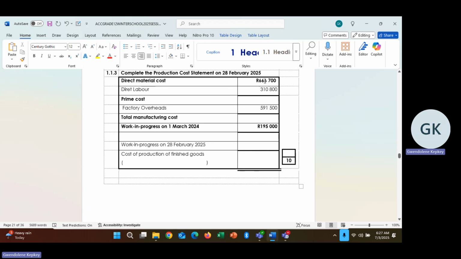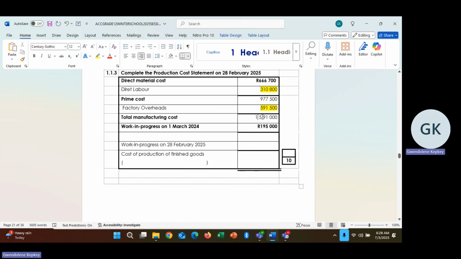Now, if I add these two, I will get my prime cost. If I do so, I come to 977,500. Very important, these two costs come from calculations that I have done prior to completing the production cost statement. Then these two figures added will now give me a total of 1,569,000.